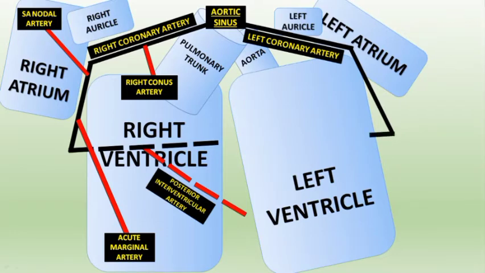Then it curls around and goes behind the left ventricle. This part is given a separate name, and I will let you know in a minute. It goes behind the left ventricle and anastomoses with the right coronary artery.